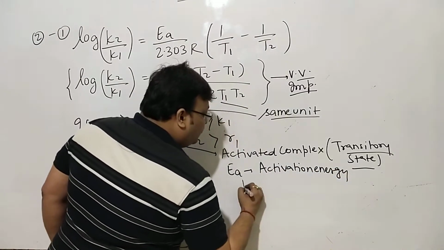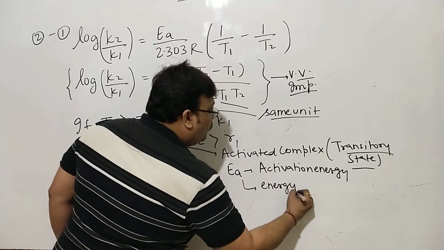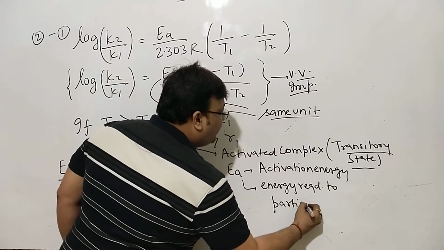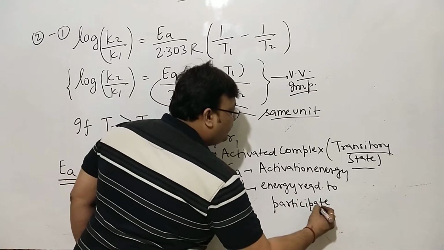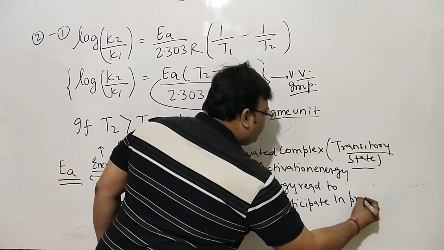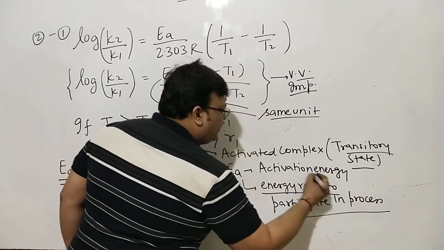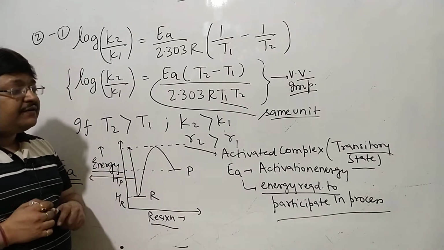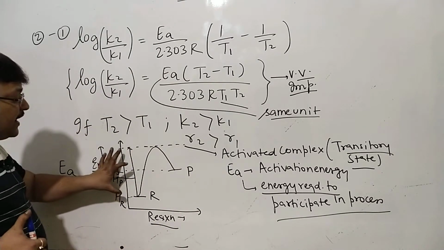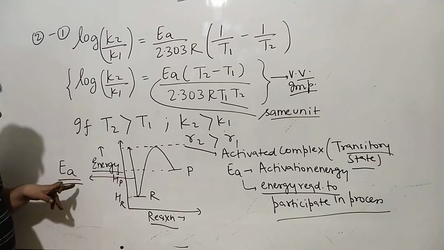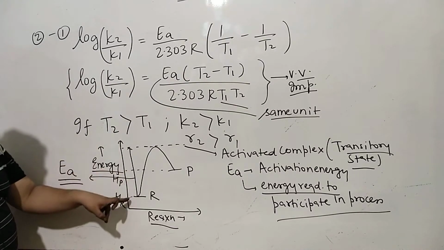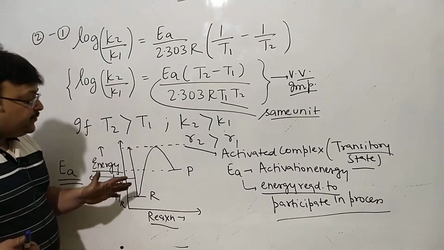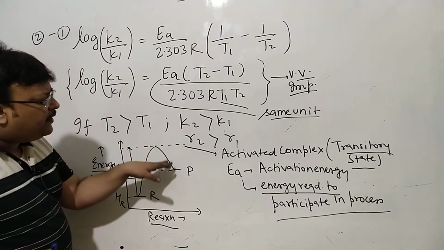Activation energy is very popularly defined as the energy required to participate or take part in the process, because if the molecule has activation energy, once it reaches this point, it will definitely mature to product. Reactant which reaches this point will definitely mature to product.